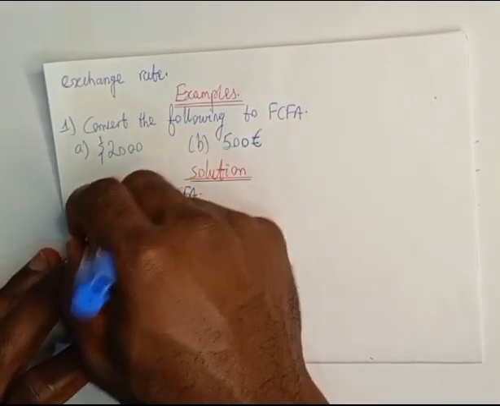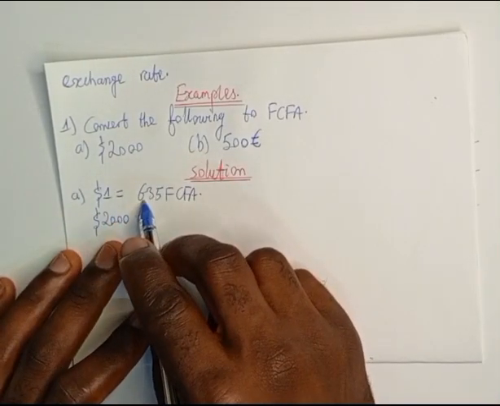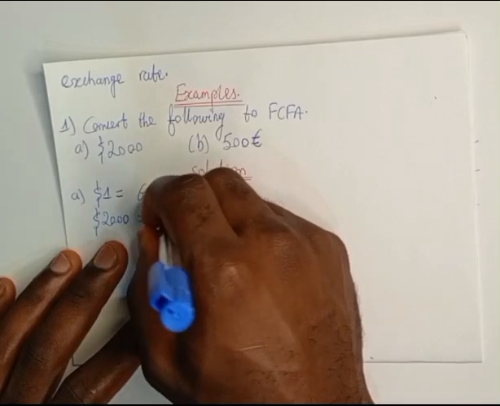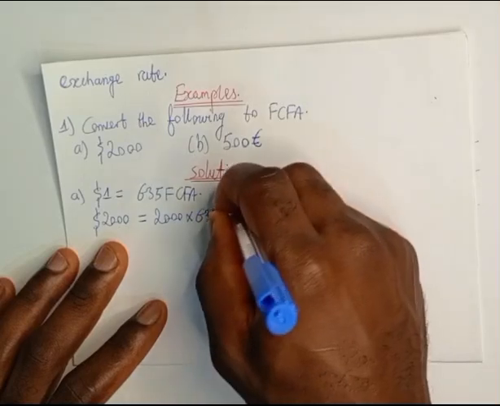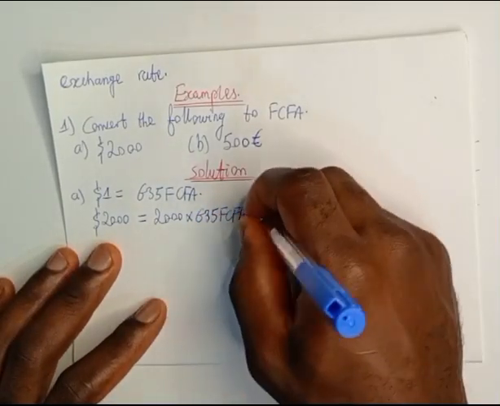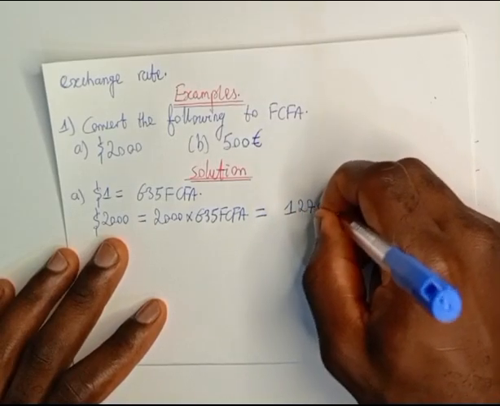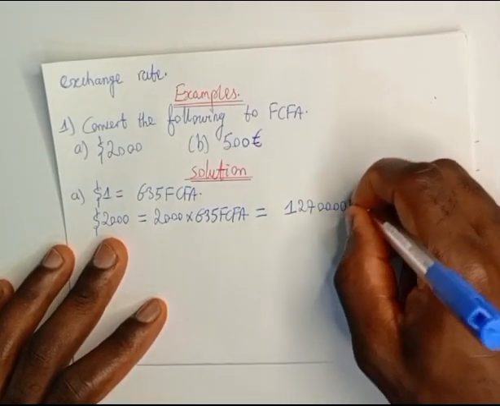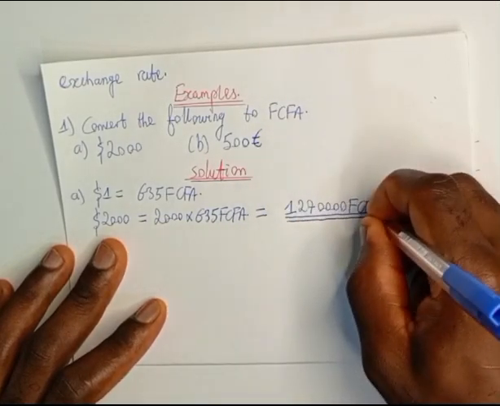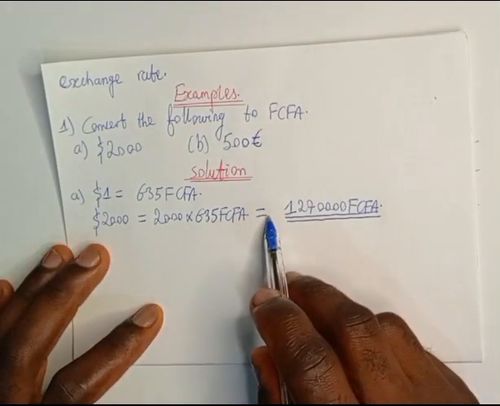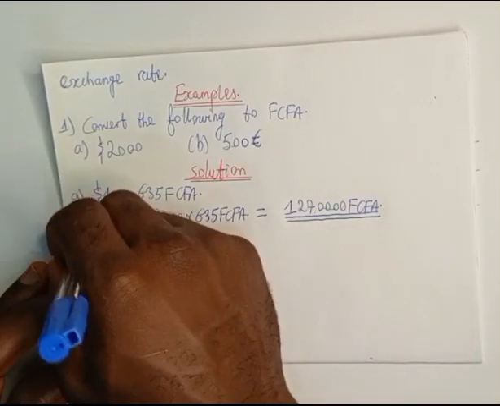For us to get the $2,000, we are simply going to multiply the exchange rate here by 2,000. 2,000 times 635 francs CFA. And this will simply be equal to 1,270,000 francs CFA. So you can see the amount is very much. $2,000 is approximately 1,270,000 francs CFA.